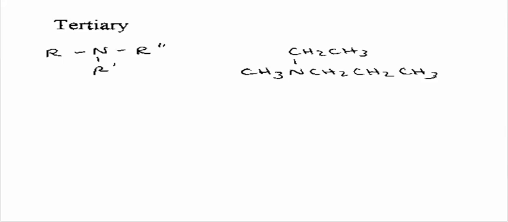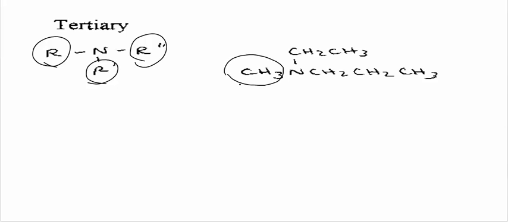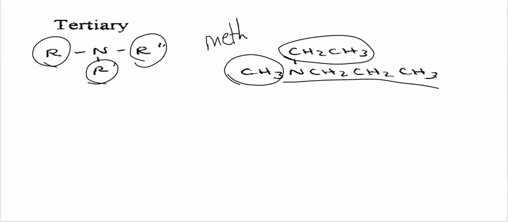Tertiary amines have 3 R groups bonded to the nitrogen. Here's an example down here. These are the substituent groups. The longest chain gets the suffix. So the longest chain is a 3-carbon chain, and that gets the suffix. So my substituents are methyl and ethyl. And we're going to list those alphabetically.